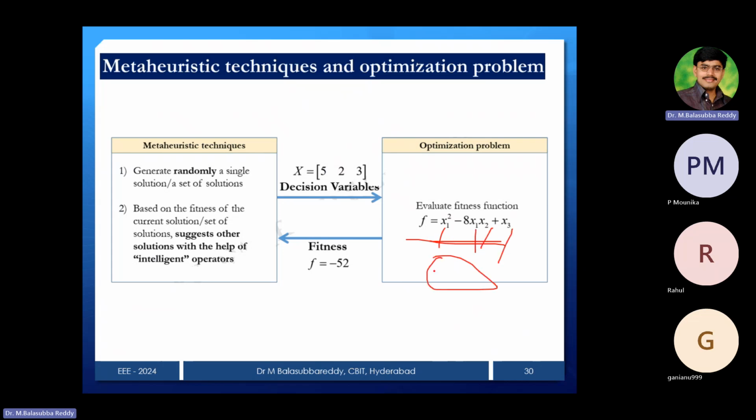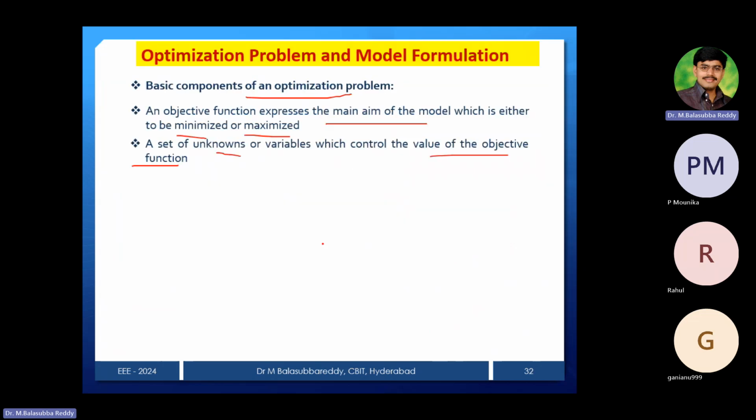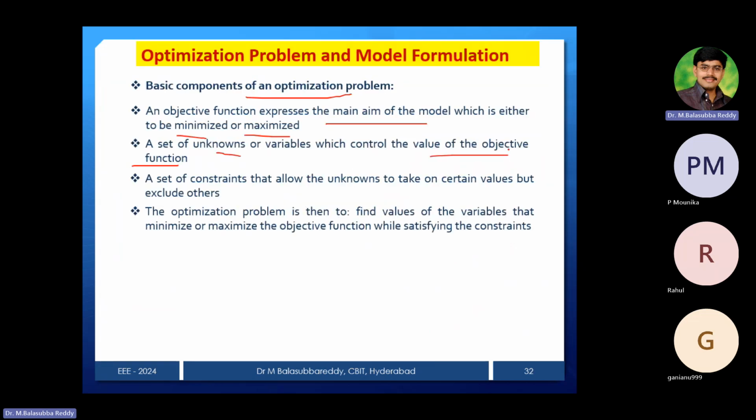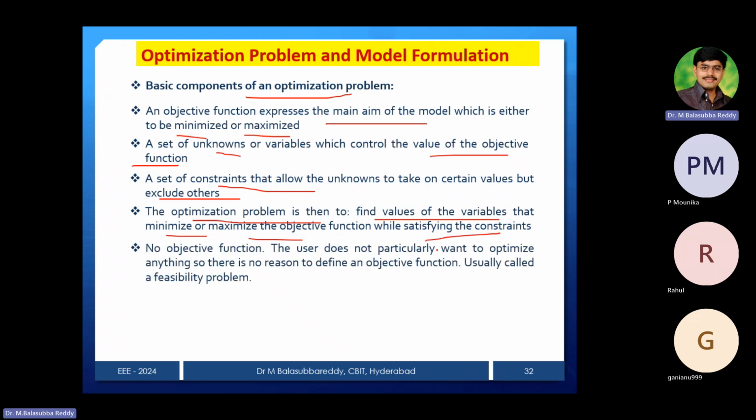By tuning x1, x2, x3, the function automatically changes. That's what they mention here. And the set of constraints allows unknowns to take certain values, but excludes others. So the optimization problem is to find the values of the variables, whether for a minimization or a maximization function, while satisfying the constraints.